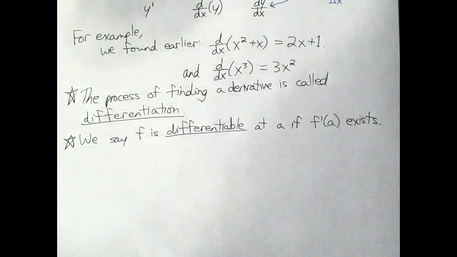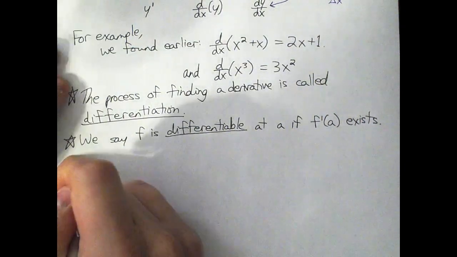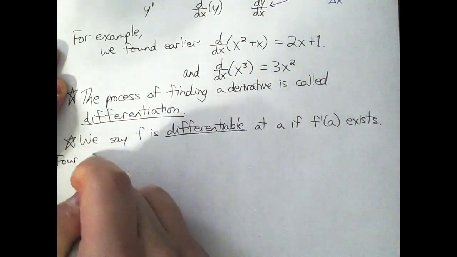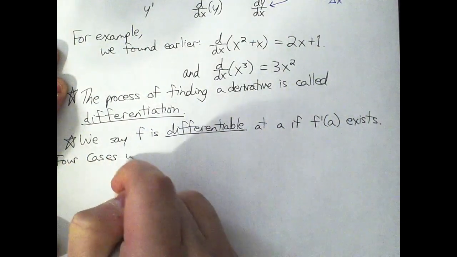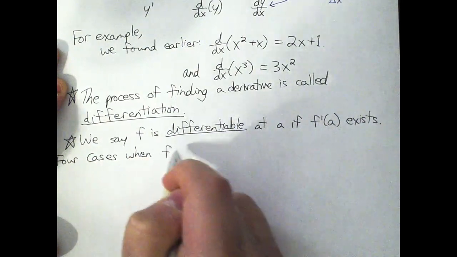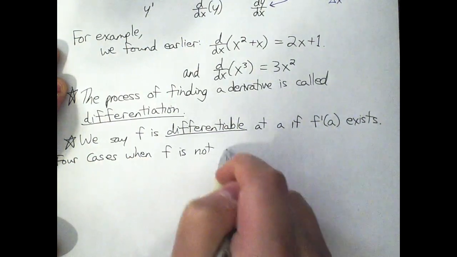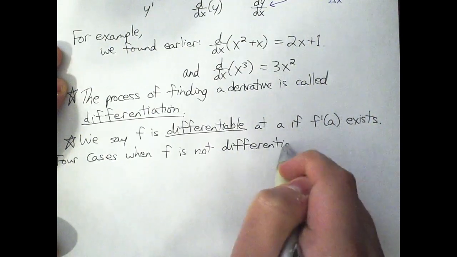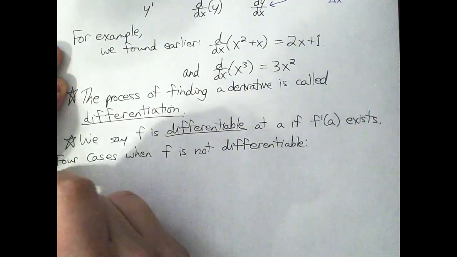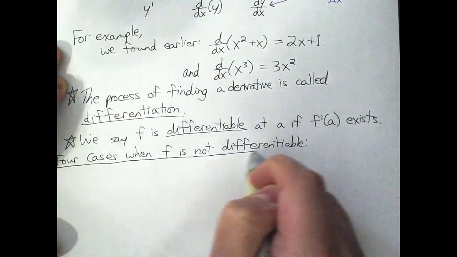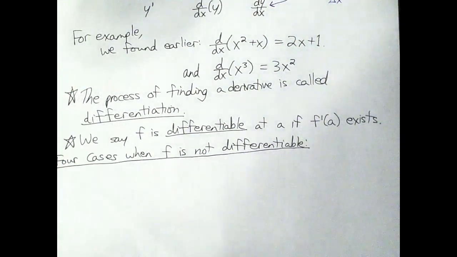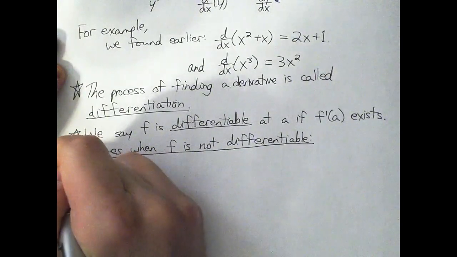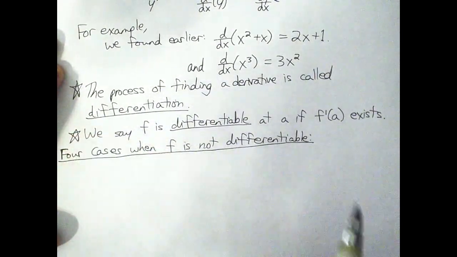Let's talk about some cases. I'm going to tell you 4 cases when f is not differentiable. I'm going to say that in calculus, we hope that for most of the functions that we look at, they will be differentiable at most values of x, or most values of a.